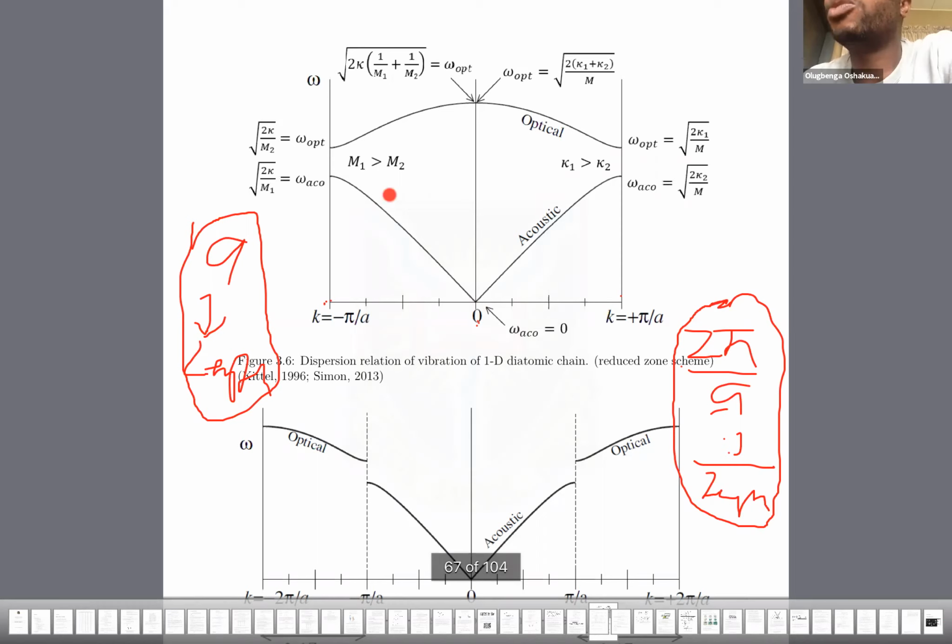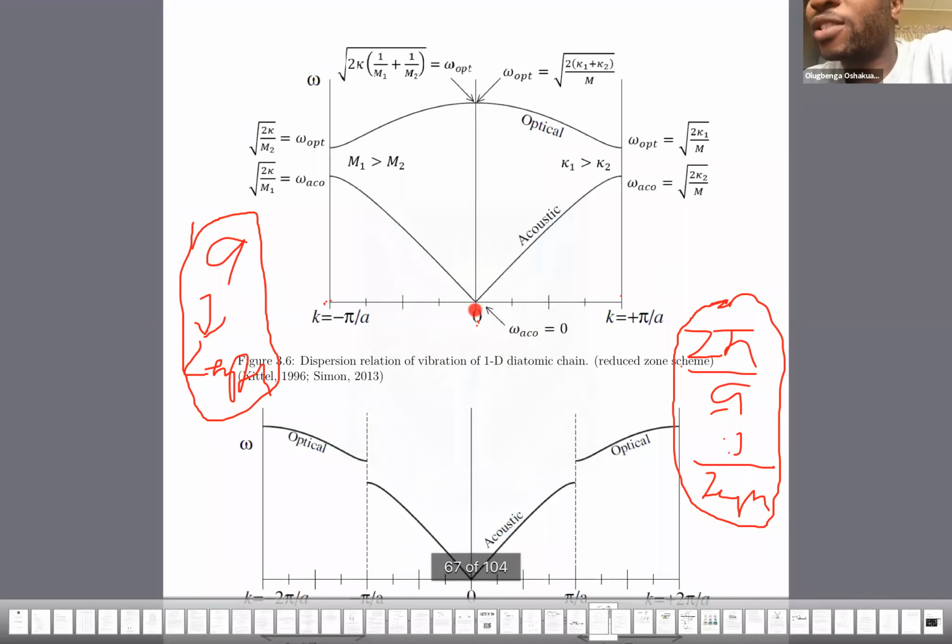We have just the acoustic mode in monatomic vibrations. But now in diatomic, we have an additional mode, which is the optical. And when K is approaching 0, this looks linear.